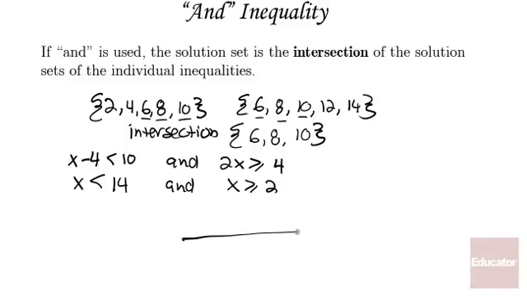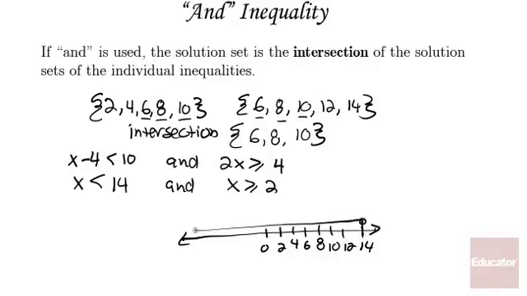To visualize this, look at the number line. So if I have 0 right here, and then 2, 4, 6, 8, 10, 12, 14. This is telling me that x is less than 14. And that would just go on and on and on. This is telling me x is greater than or equal to 2, which is going to start here and go on and on and on.